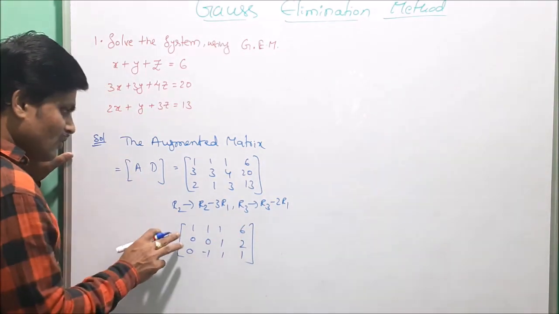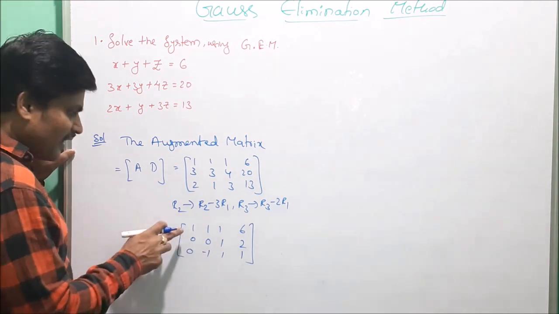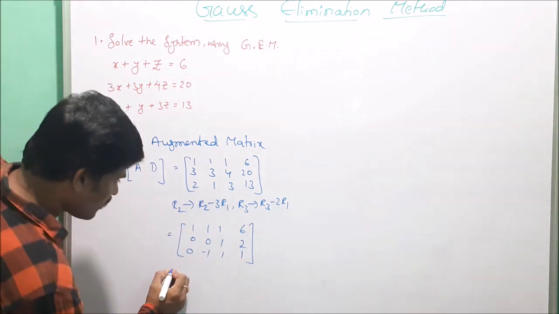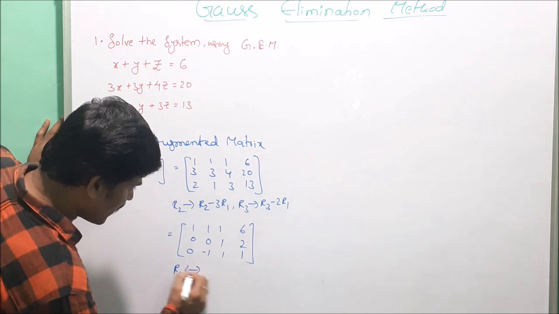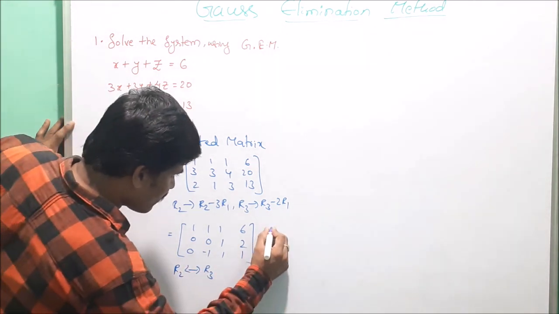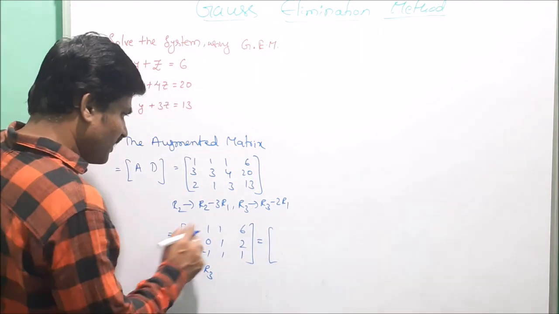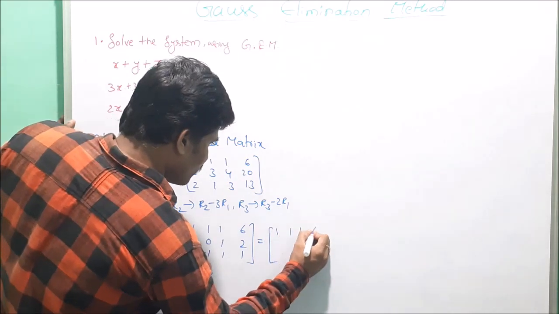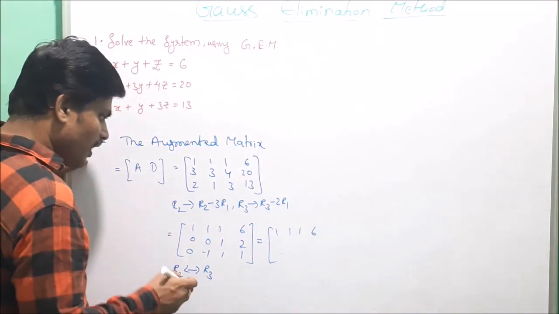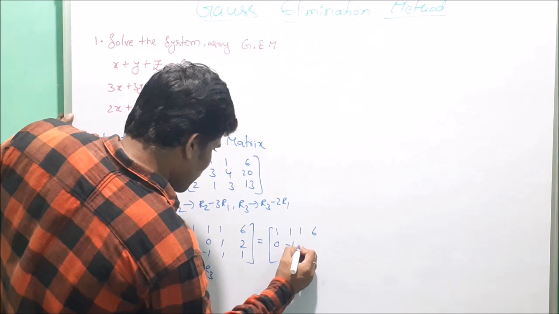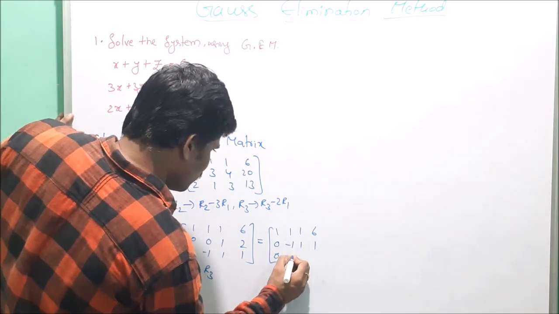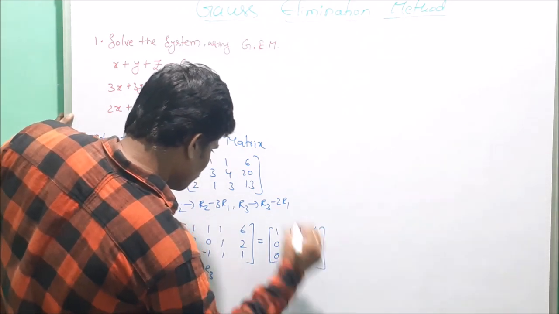Now we interchange the second row and third row. R2 is interchanged with R3, so the reduced matrix is: the first row does not change, and the second and third rows are interchanged: 0, minus 1, 1, 1 and 0, 0, 1, 2.